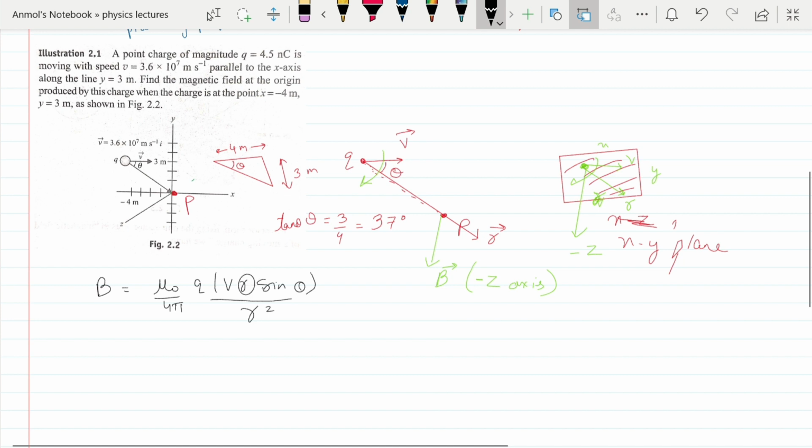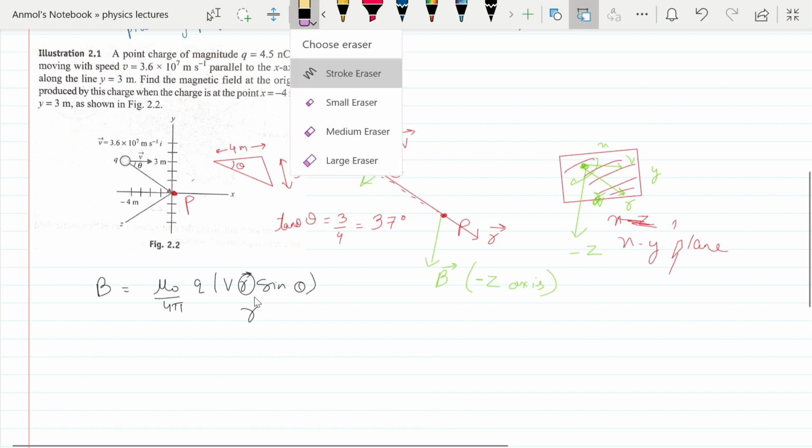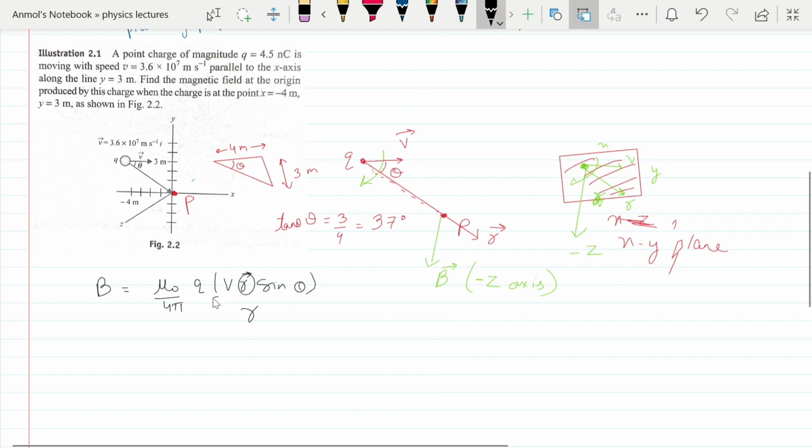If you're taking this as a complete vector, then make this R cube. That will be less confusing for you. Direction we have already taken care of, so here I can directly write 10 to the power minus 7 into Q.